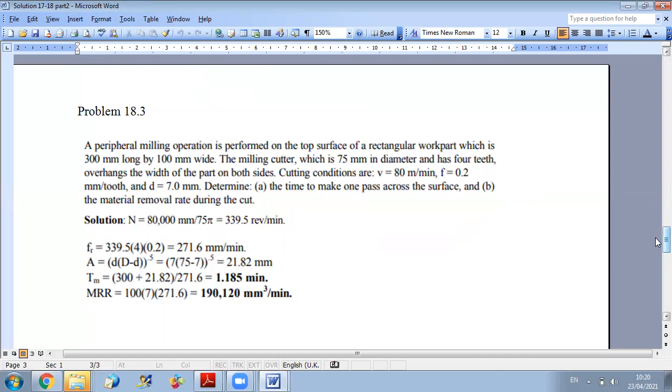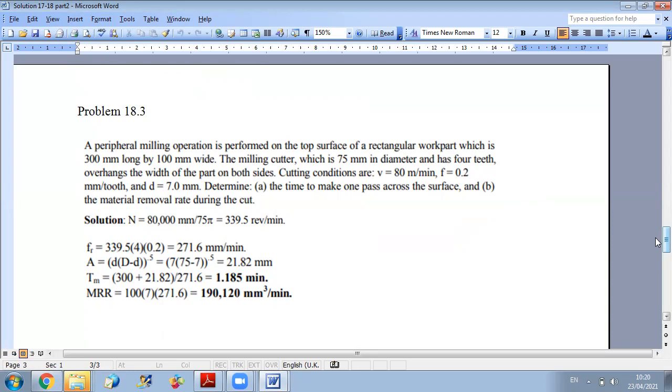The cutting conditions are V equals 80 meters per minute, f equals 0.2 millimeter per tooth, and d equals 7 millimeter. Determine the time to make one pass across the surface and the material removal rate during the cut.